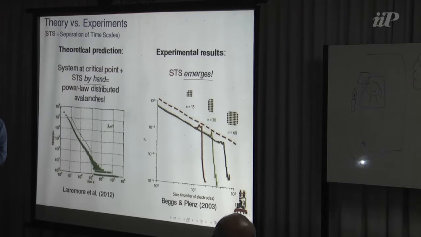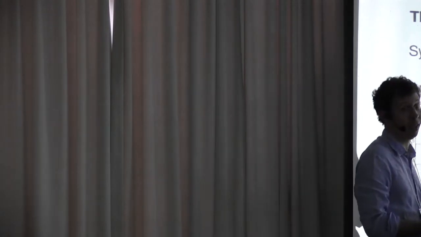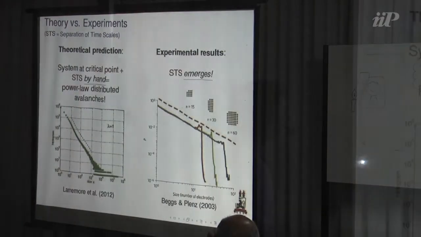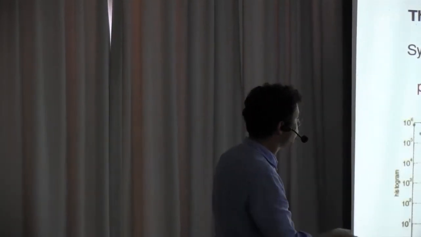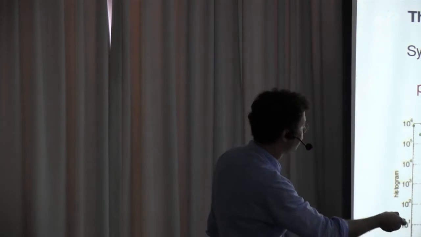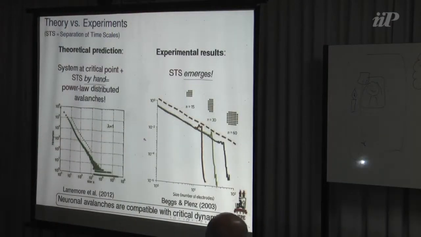They don't wait until the avalanche is over and then simulate again their in vitro slice. It emerges. It's there. It's intrinsic to the system. So this idea that this thing looks like this is what gave the main link between those two ideas.